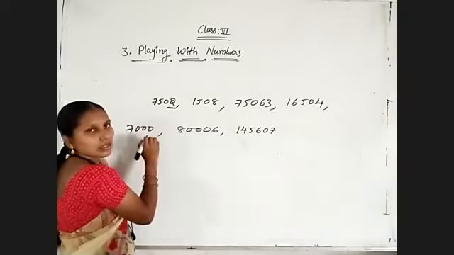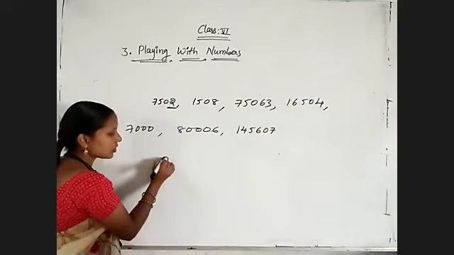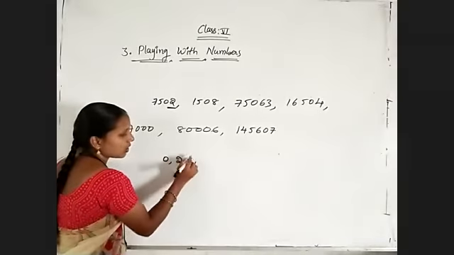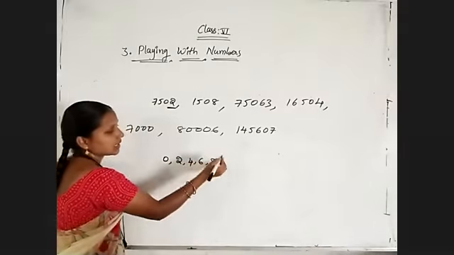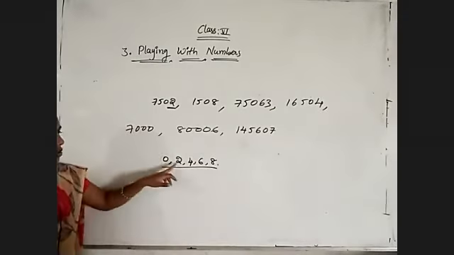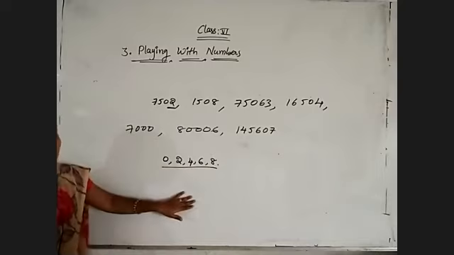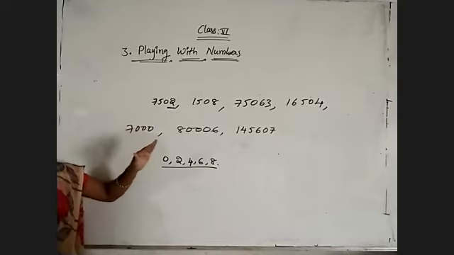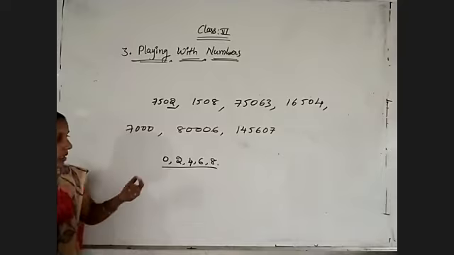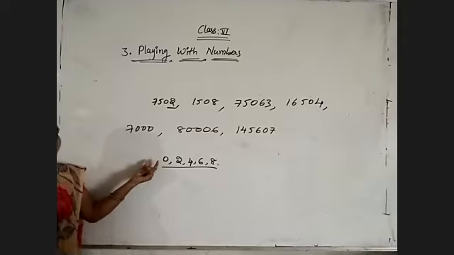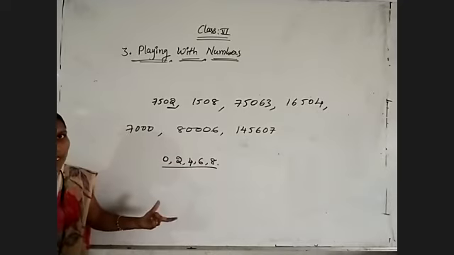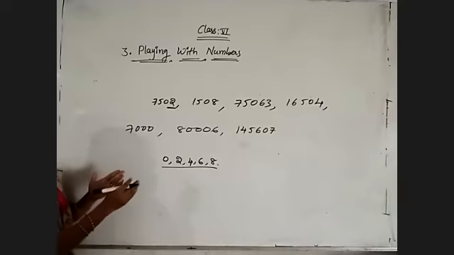If the number is having any of these digits, 0, 2, 4, 6, 8, in the unit place, then that number is exactly divisible by 2. So once again I am repeating, a number having 0 or 2 or 4 or 6 or 8 in its units place, so units place we are checking.